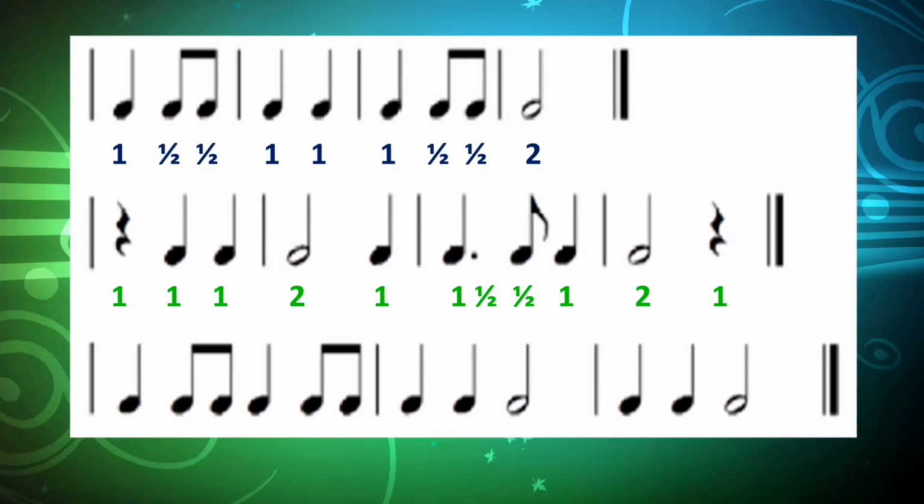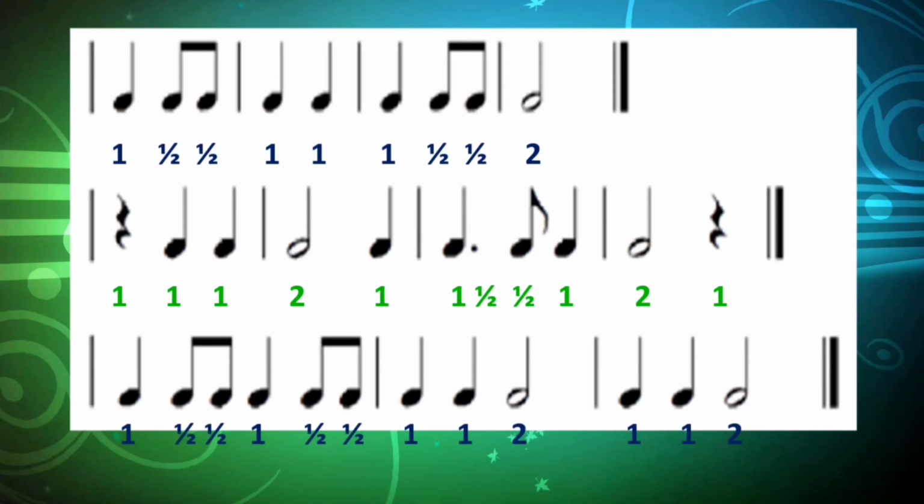In the first measure, we have a quarter rest and 2 quarter notes. Every quarter note or rest receives 1 beat. So we see that there are 3 beats in each measure. This means it is a 3/4 time signature.